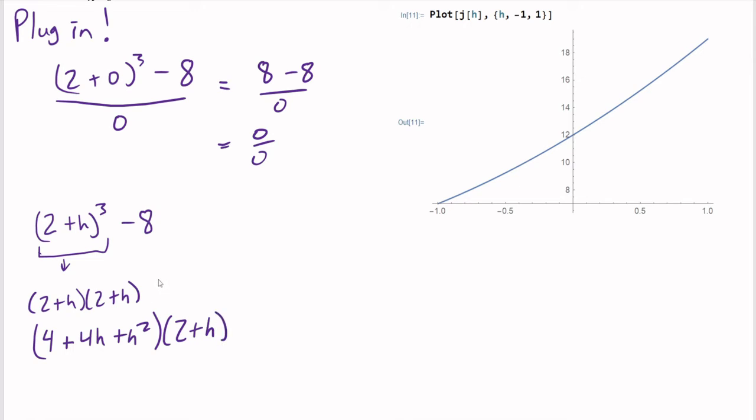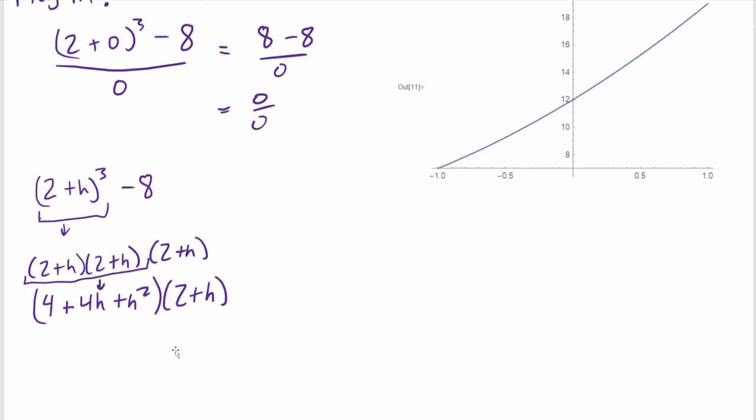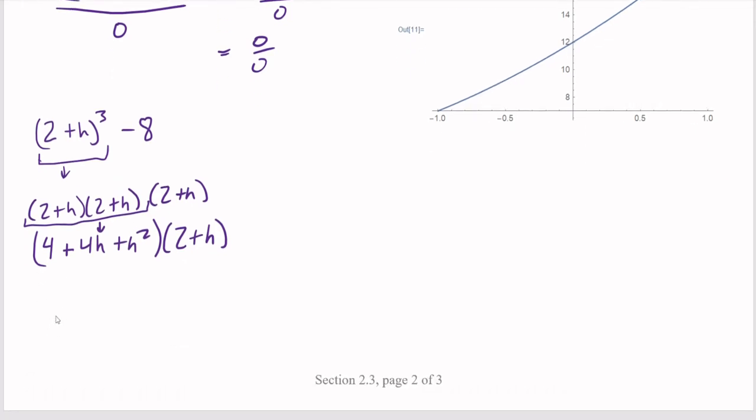Okay, so all I did was I just did 2 at a time, and then I'm going to add in the third copy. So this is a little tedious, but that's okay. Just hit everything with 2. 8 plus 8h plus 2h squared plus, now hit everything with h, 4h plus 4h squared plus h cubed.